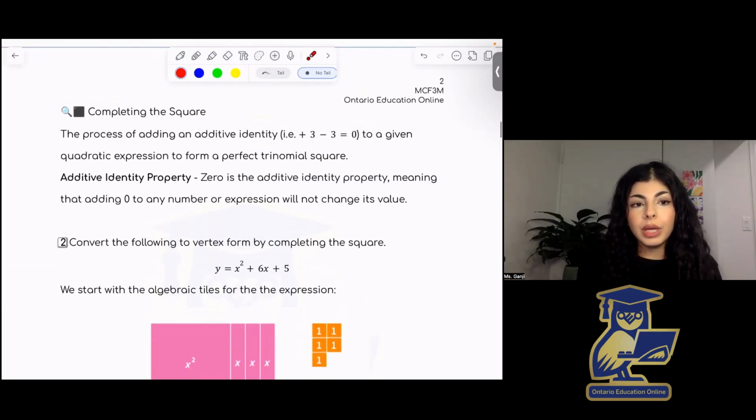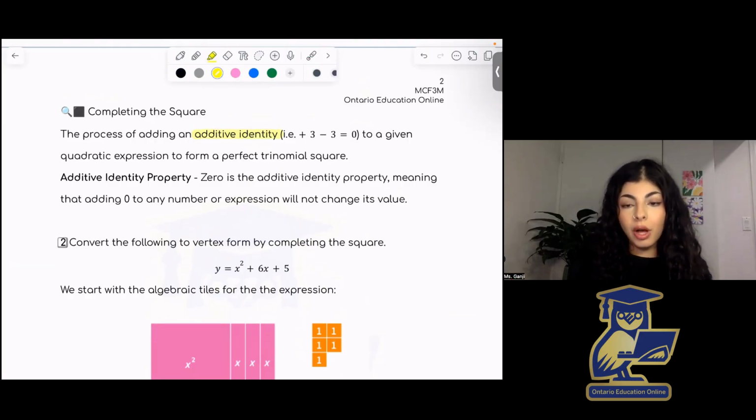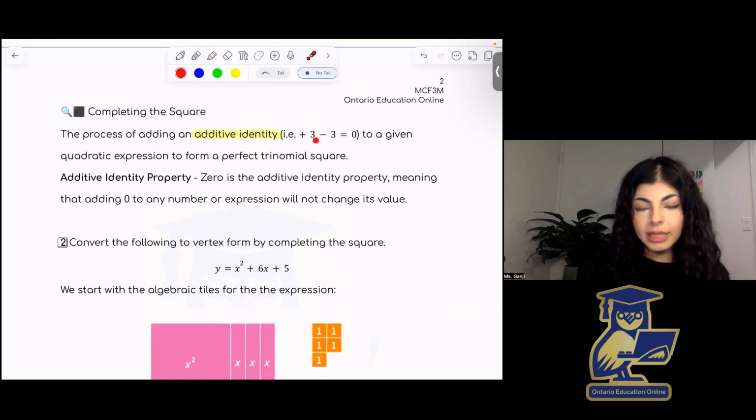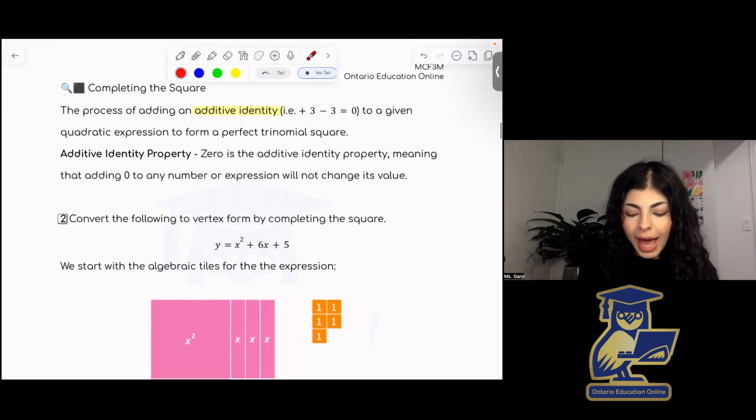What we do when we complete the square is that we add an additive identity, which is the positive or negative of the same value, which will equal 0, such as positive 3 minus 3 is equal to 0. So we add something like this to our quadratic expression to form a perfect square.